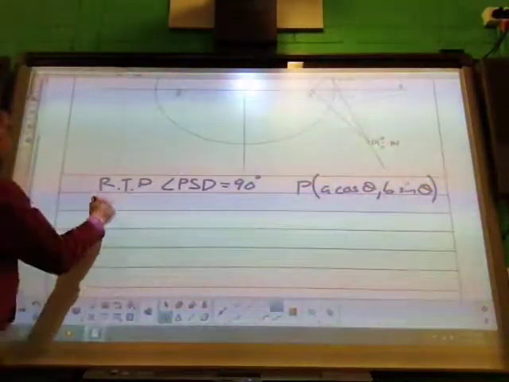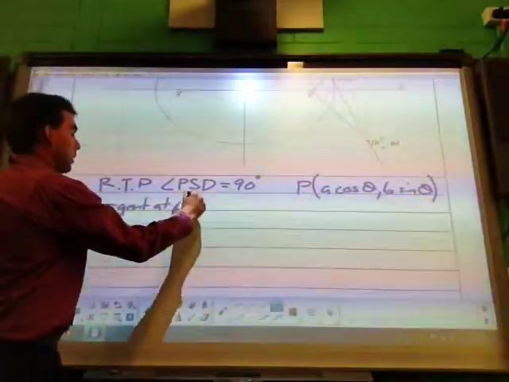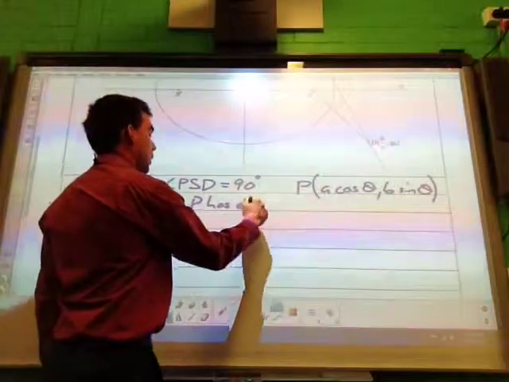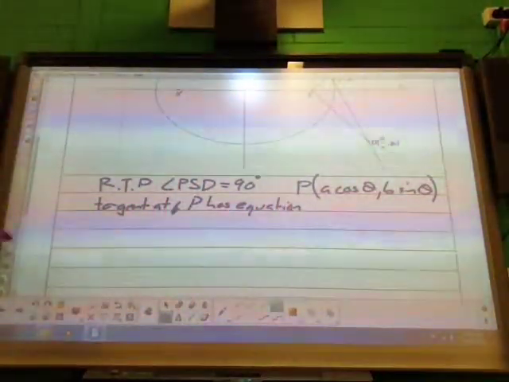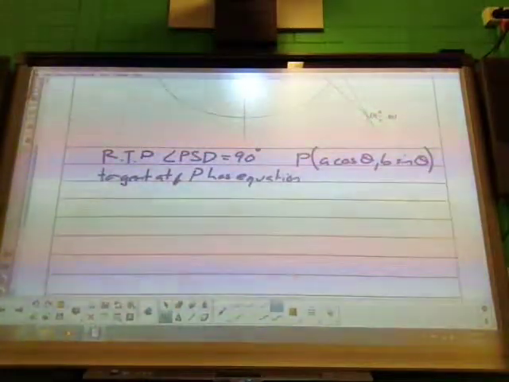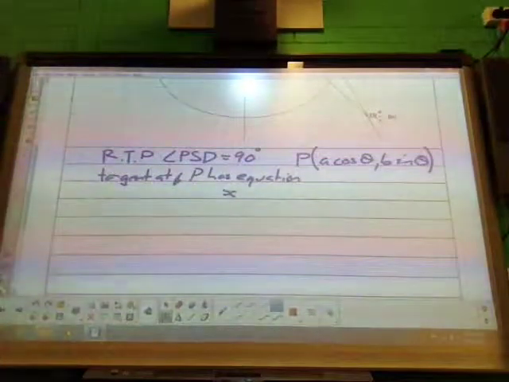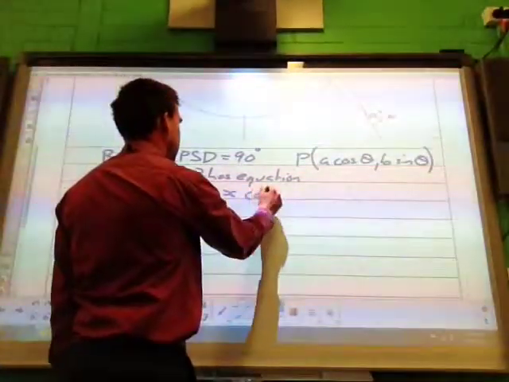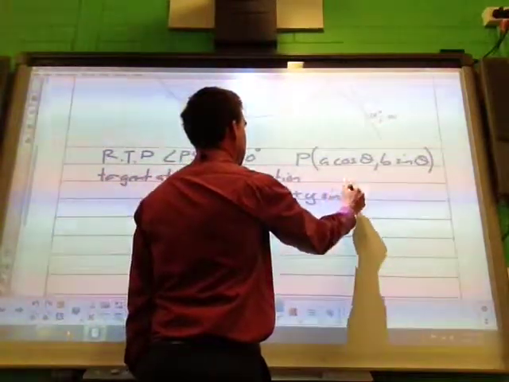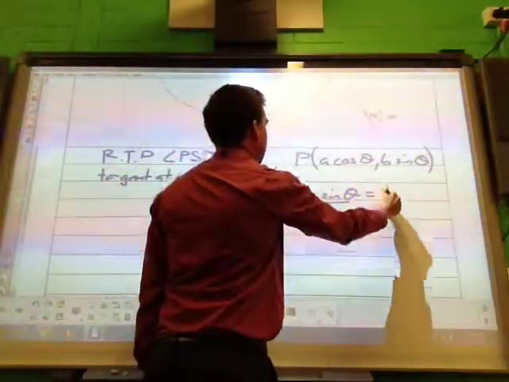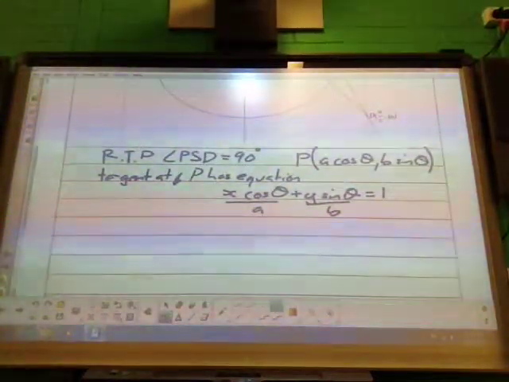The tangent at P has the following equation: x cos theta over a plus y sin theta over b is 1. Okay, so yes, we did cover that during the relevant session.